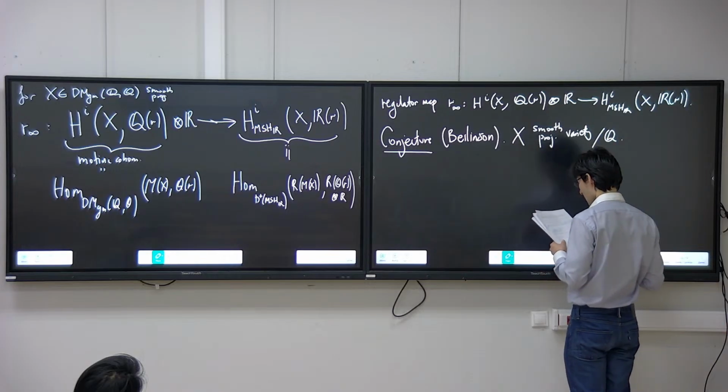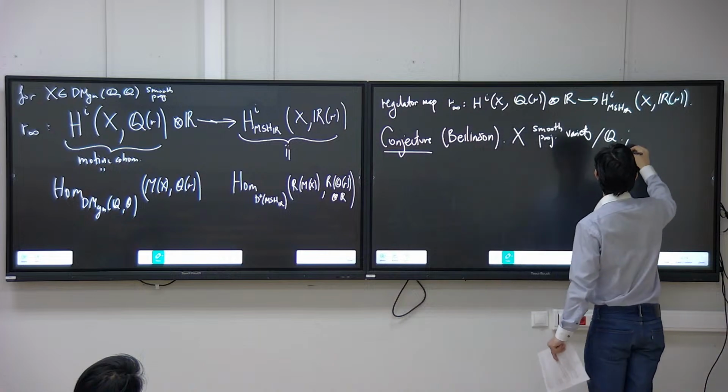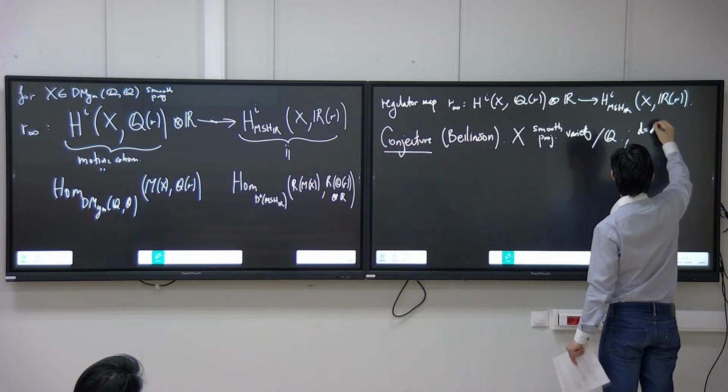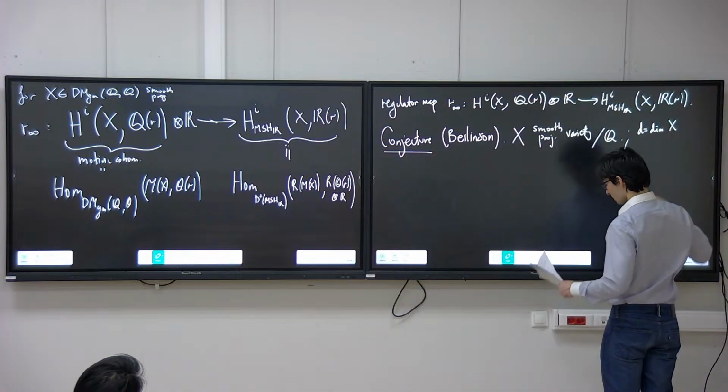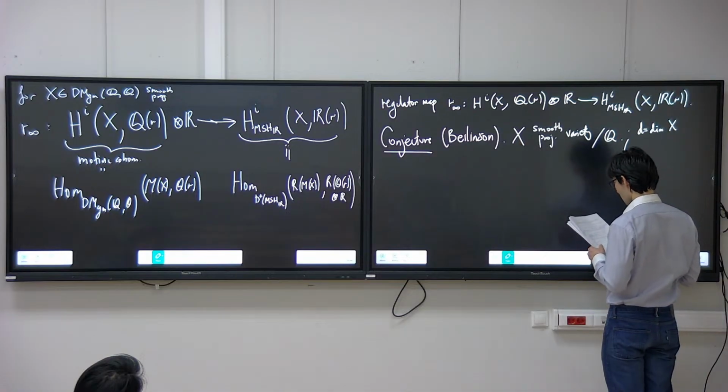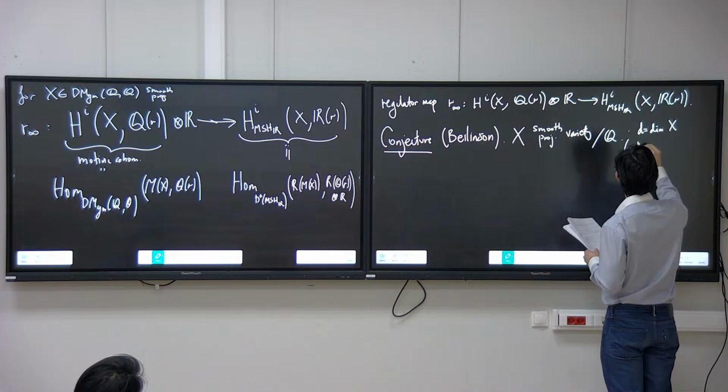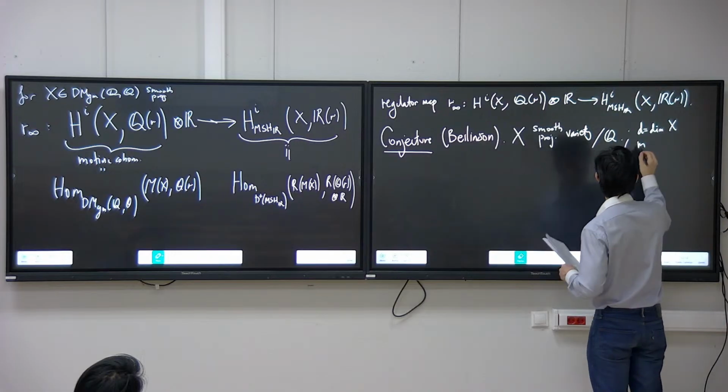Over Q, and let d be the dimension of X, and I'll introduce the other notation as I go along.